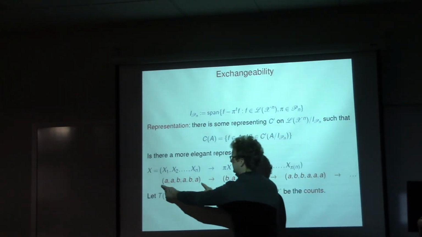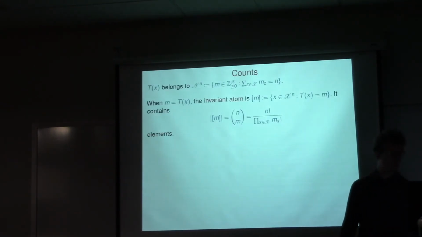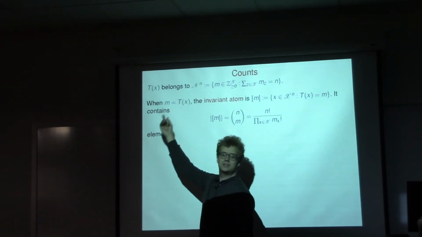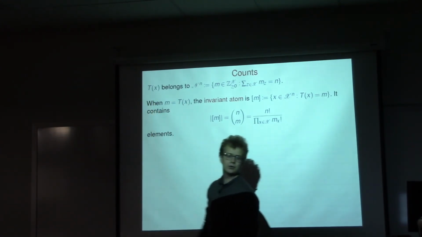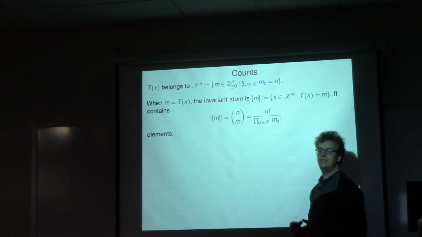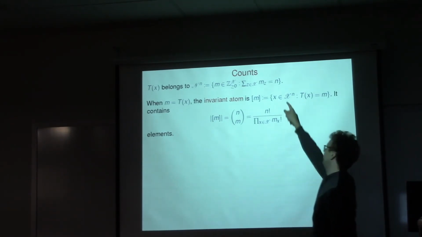So the count vector of this sequence is 4, 2. Now, what is the result of the map T applied to an observation? It is a set of all count vectors. It's a set of all vectors with non-negative integer components that sum to the length of the sequence, sum to n.